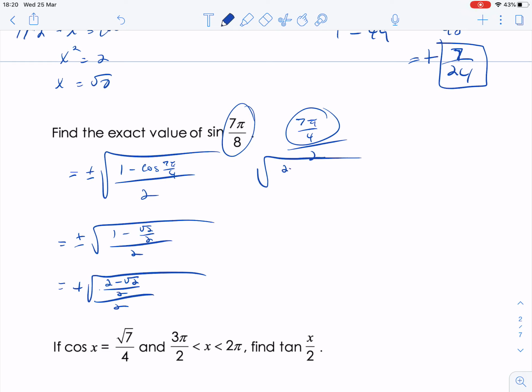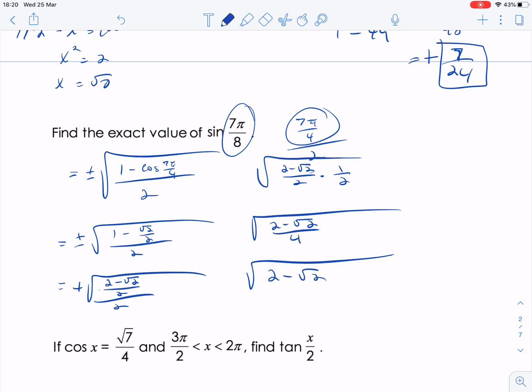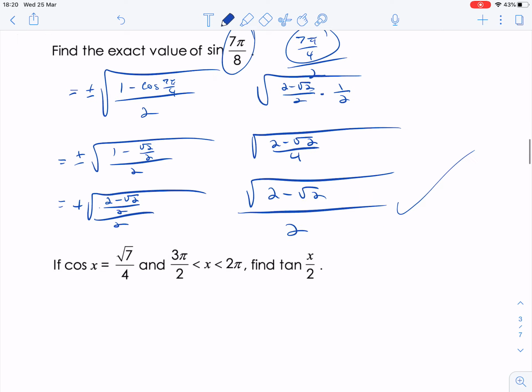So 2 minus square root of 2 over 2 times the reciprocal of 2 over 1, which is 1/2. So we get 2 minus square root of 2 over 4, which we can't simplify the top, but we can the bottom. That becomes 2. There we go. There's our answer. Next.